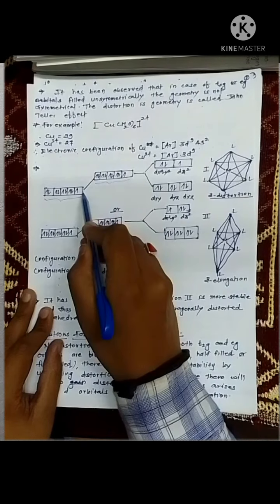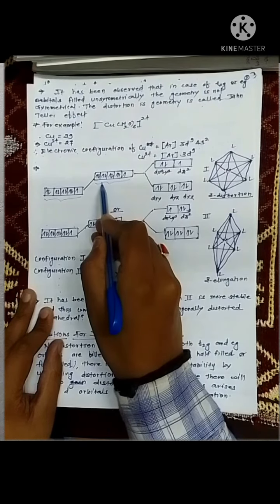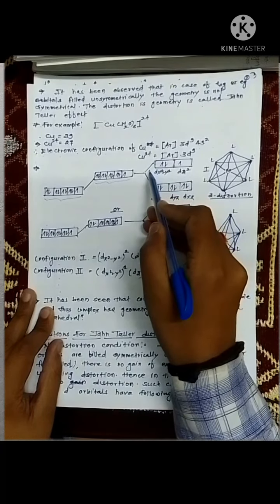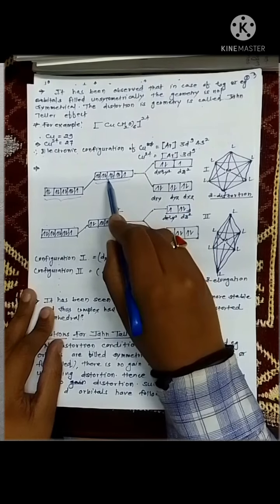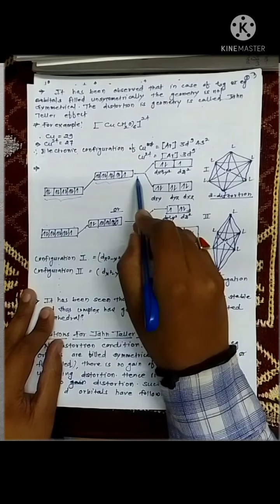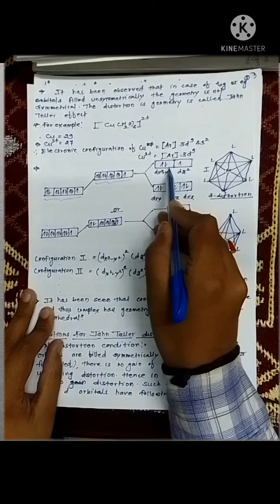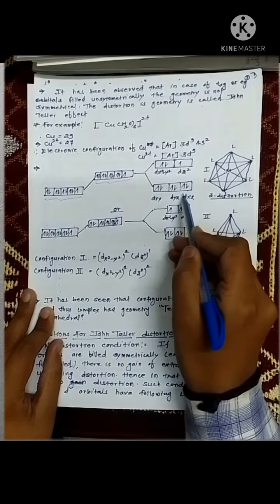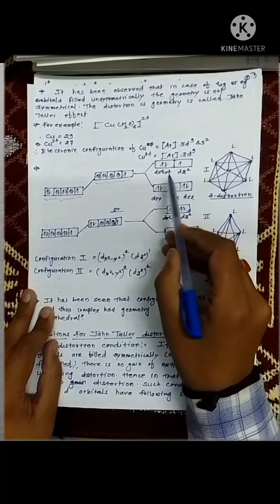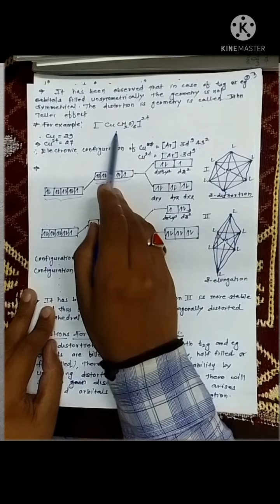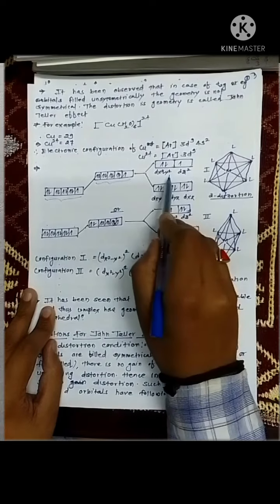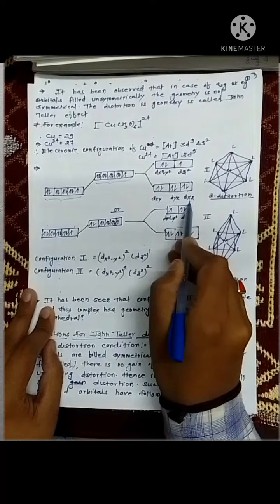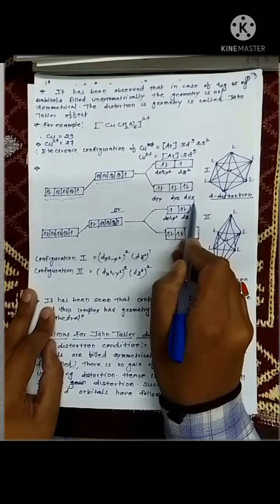Means all orbitals are increased in energy, but splitting is not taking place here. When ligand orbitals come further close to the central metal atom, these d orbitals split into two groups. The first group is the EG group and the second group is the T2G group. Since it is an octahedral complex, the EG group contains dx square minus y square and dz square orbitals, and the T2G set contains dxy, dyz and dxz orbitals.